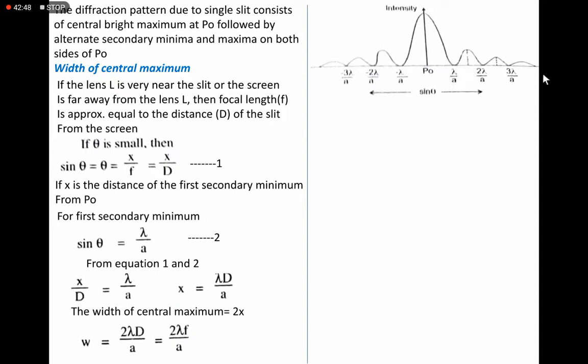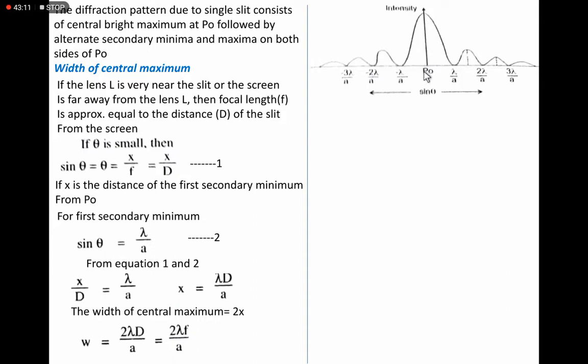Here the width of the central maxima is this distance, and it is 2 lambda D by a. For this equation, which distance do we consider? We have to consider this distance.